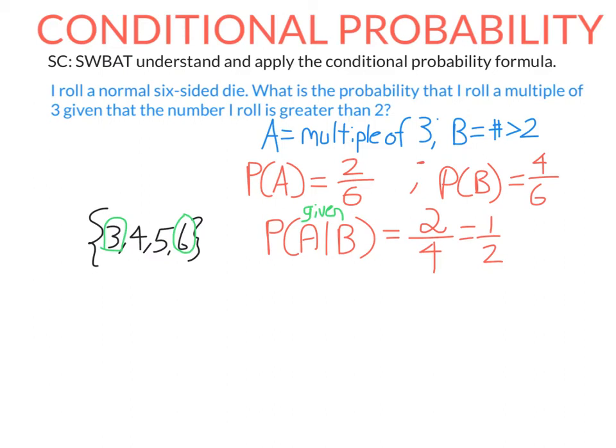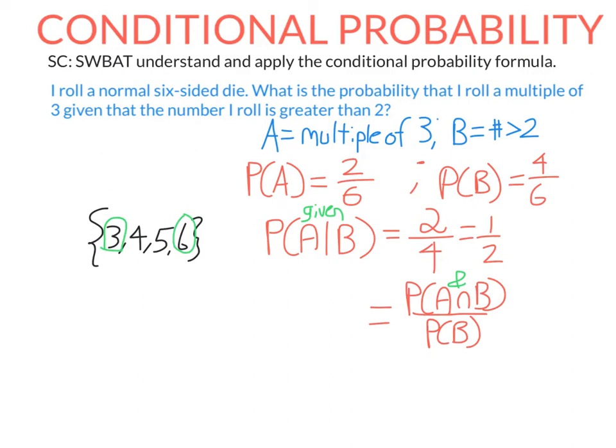There's actually a way that I can calculate this using a formula. The probability of A given B is the probability they both happen, probability of A and B, remember that little intersection symbol means and, over the probability of B. Be careful with the formula here. Whichever one is listed second, that is the one that goes on the bottom. If I use this formula, I would get the same answer.